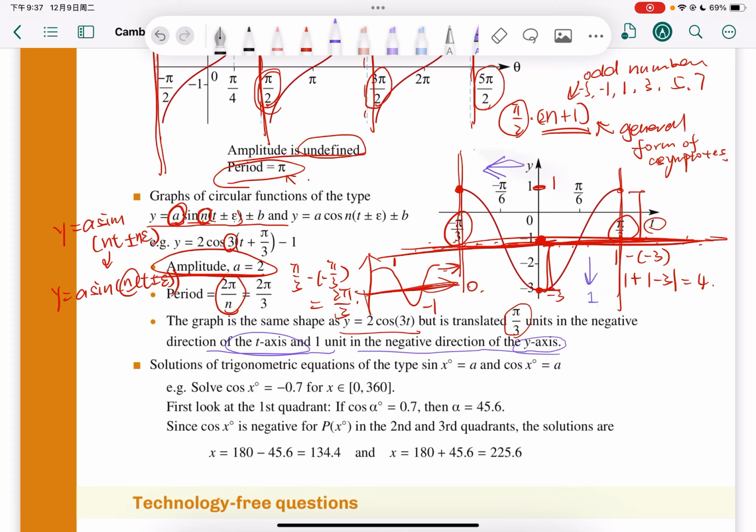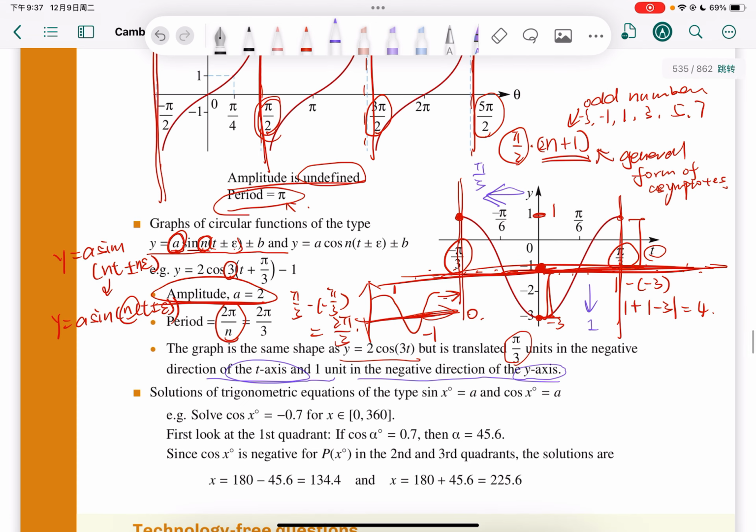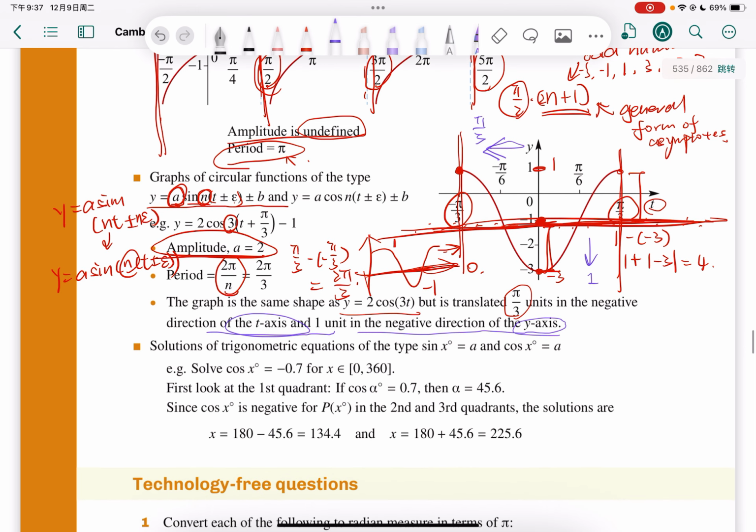And left by pi divided by 3. So these circular functions, sine, cos, and tangent, always relate to transformations: translation, dilation, and reflection. That's something you should learn about in other chapters.